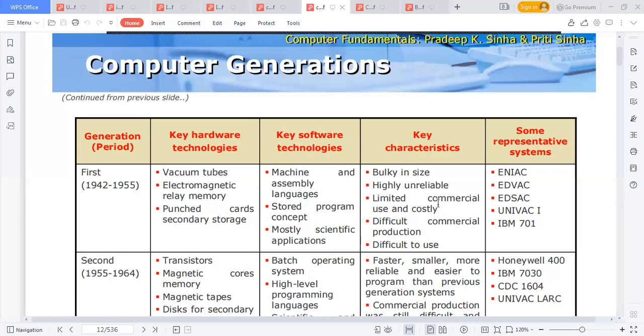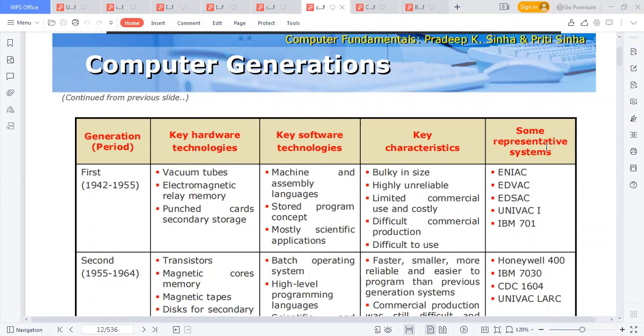This was very costly actually, with very limited commercial use. Commercial production was difficult, so producing profit with them was very difficult. They were also difficult to use, because men were not adept at using these types of computers.